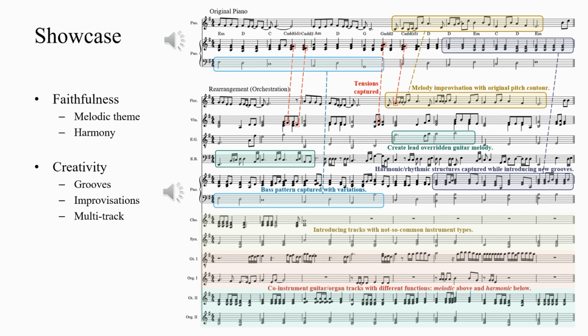We can see that the orchestration result preserves the overall harmonic and melodic structure from the original piece, and it also introduces new groove patterns, melody improvisations, and rich textures in a total of 11 tracks. In other words, our model does a very good job balancing faithfulness with creativity for music rearrangement.